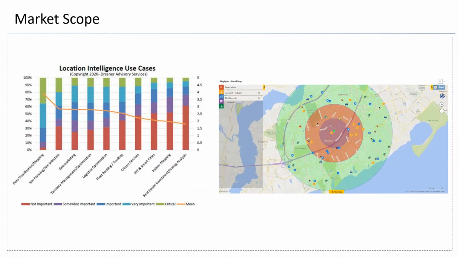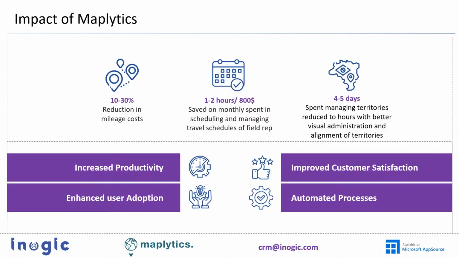Let's have a look over this chart. This shows the various use cases that require locational intelligence. Use cases like data visualization, logistics, fleet routing, tracking, and many others are of great importance in various organizations. And Maplytics is one such solution that will help you to fulfill all of these use cases.